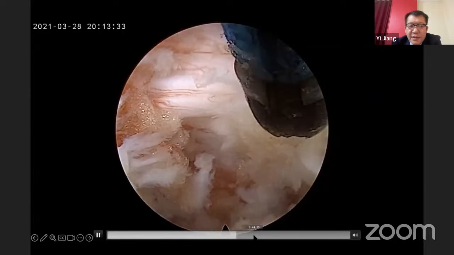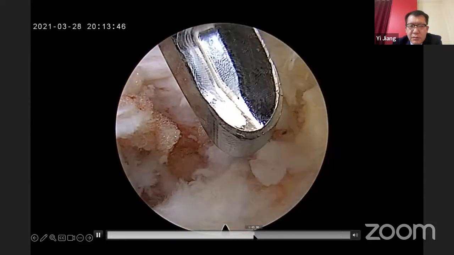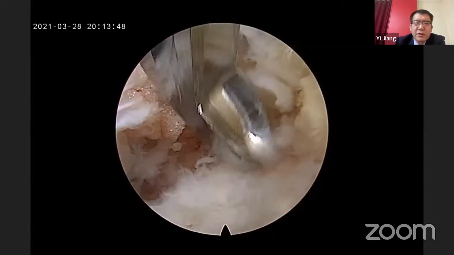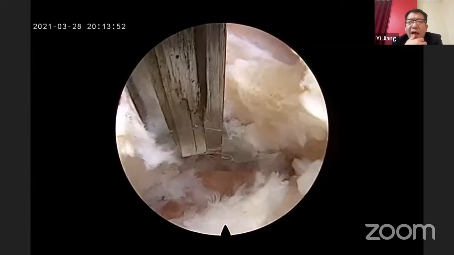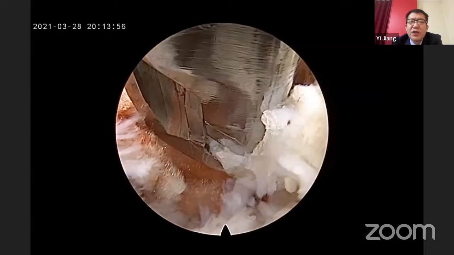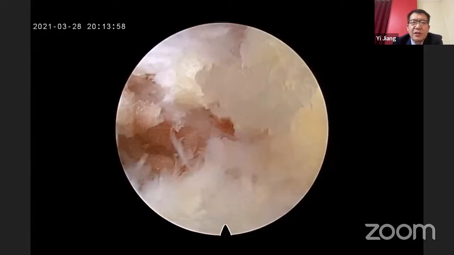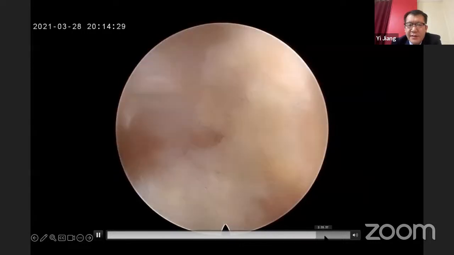When enough space is created, we can use the Kerrison rongeur to deal with the OLF around the spinal cord, not directly pushing the spinal cord. It's safer. Just like this.